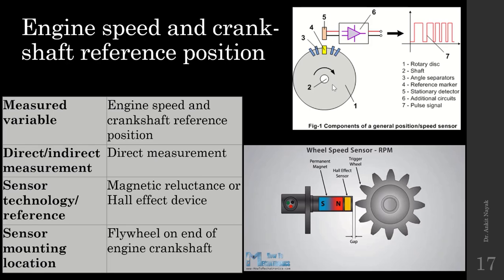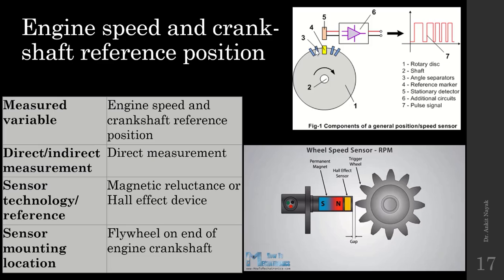Then here you can observe the rotary disc, this is the engine shaft, the angle separators or reference marker, the stationary detector which will detect the position, and then the additional circuit, and then the pulse signal.